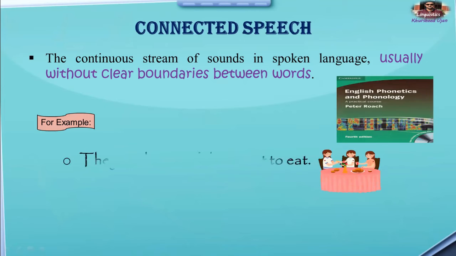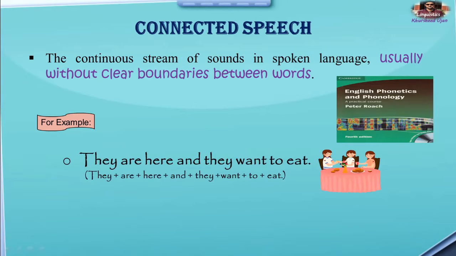For example, there is a sentence we use: they are here and they want to eat. But if we analyze this connected speech, there are so many words and they might be pronounced differently. For example, "they are here." But when we are making connected speech, we don't say it like this.